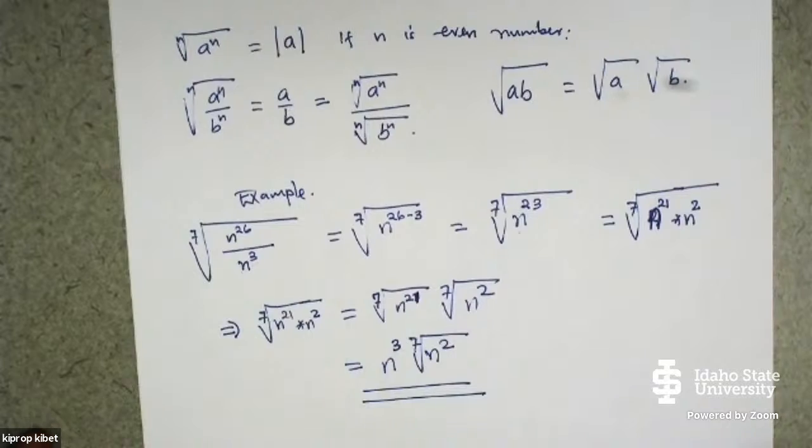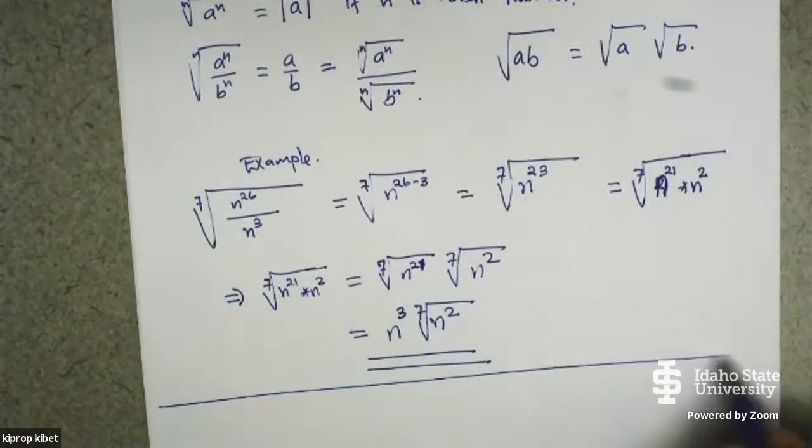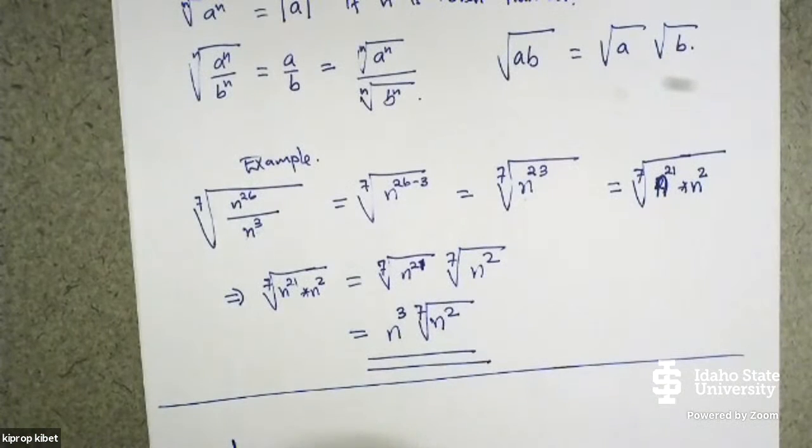Okay, another example. We have c raised to 4 all over c raised to 16. Simplify that.